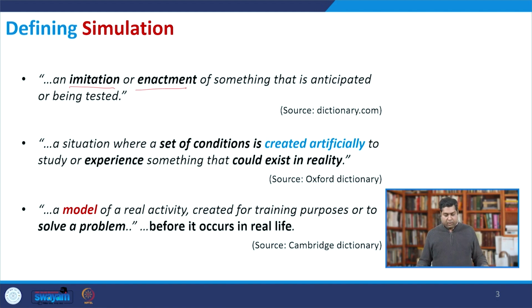Looking at the Oxford Dictionary definition, simulation is a situation where a set of conditions is created artificially to study or experience something that could exist in reality. So that is almost like creating the real environment but in an artificial way.